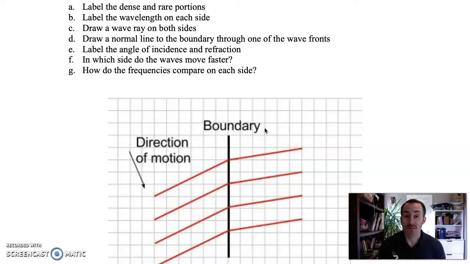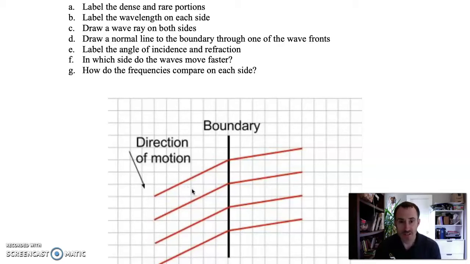We know that everything is smaller on the dense side and everything is bigger on the rare side. And so the first thing I'm going to look at is the wavelength, because I think that's the easiest to see. So I can see that on this side the wavelength is this big, and on this side the wavelength is this big.